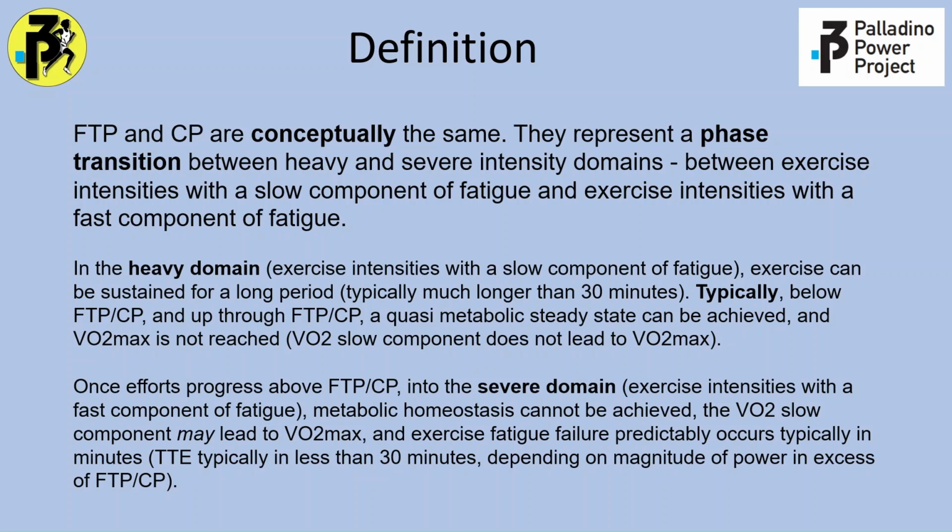So here is the definition, and let me start with the most important paragraph, the first one: FTP and CP are conceptually the same thing. They're both identifying the same thing conceptually. They represent a phase transition between the heavy and severe intensity domains of exercise.